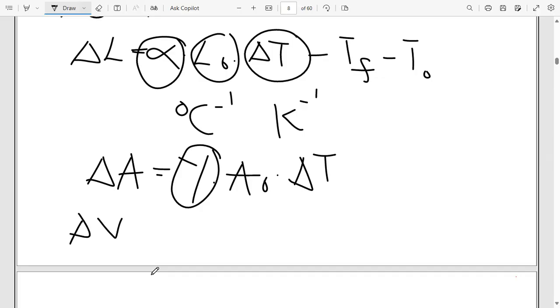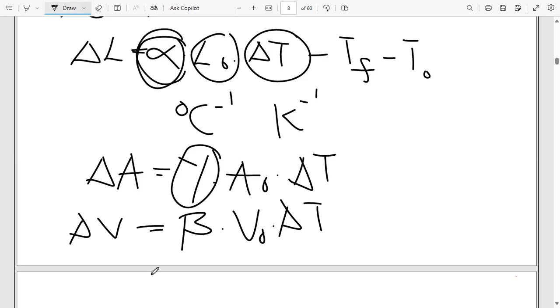For volume, change in volume will be equal to beta, of which this beta is the coefficient of volume expansion, multiplied by the initial volume multiplied by the change in temperature. So those are the 3 formulas that we can give.